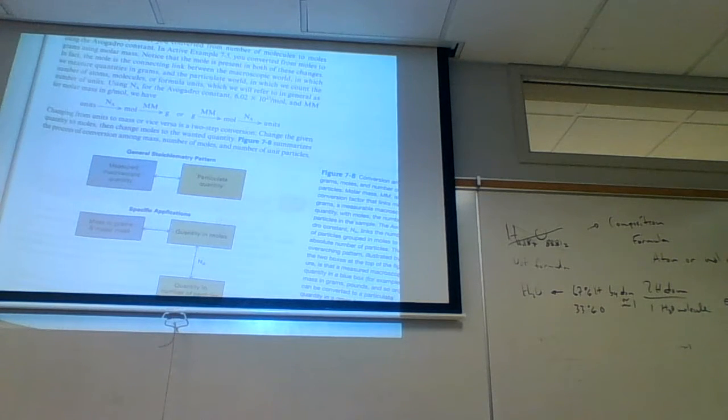We start off with 1.00 grams of H2O, and then we'll convert it into moles. Turns out a mole of H2O molecules weighs 18.02 grams. A mole of H2O. And so the grams of H2O cancel. That leaves us with moles of H2O molecules. And then I know how much a mole of H2O molecules weighs. 1 mole of H2O molecules weighs 18.02.